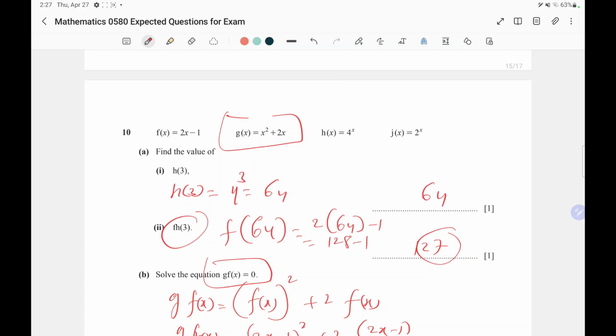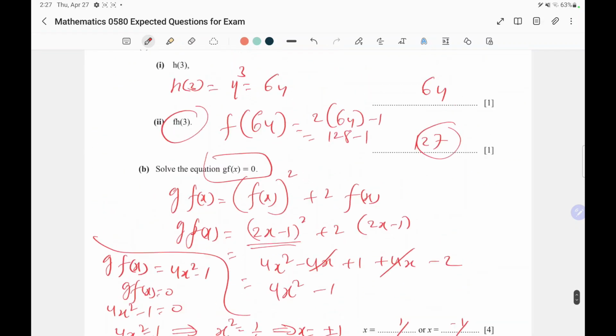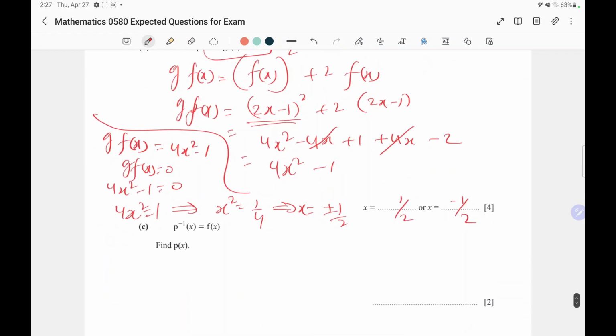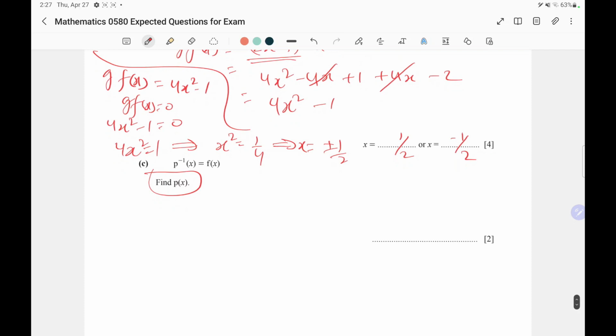Right? Okay. Now p inverse x equals f of x. What is p inverse x? Where is p? Oh, find p(x). Okay, no problem. So p inverse x equals f of x.